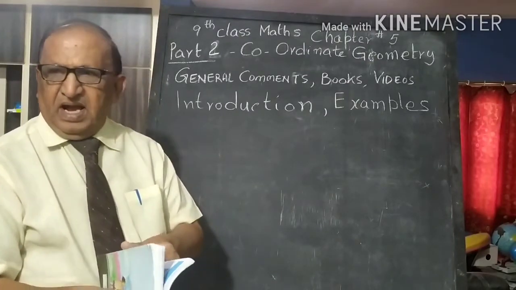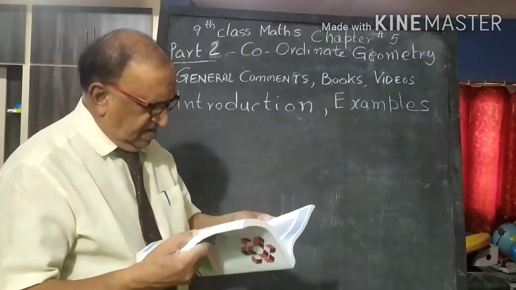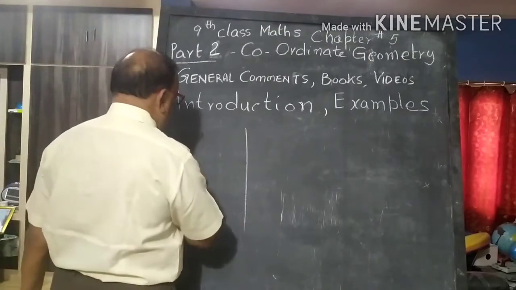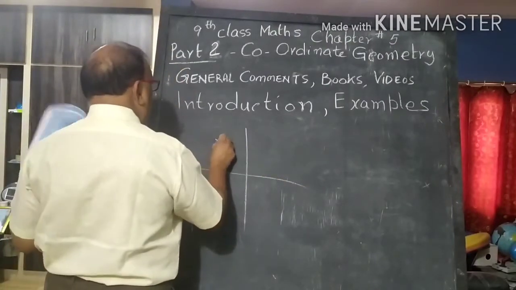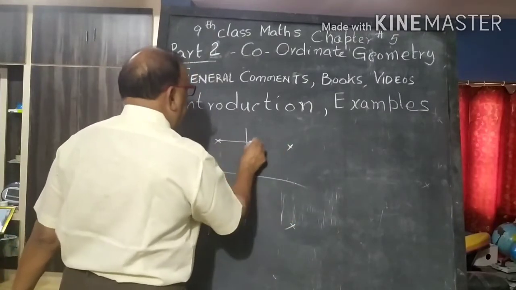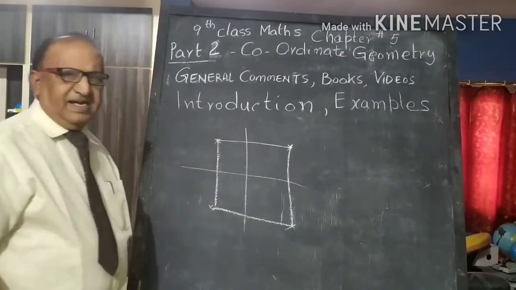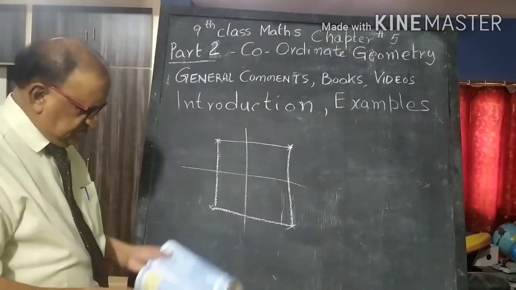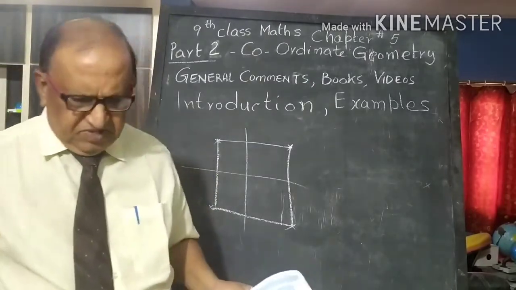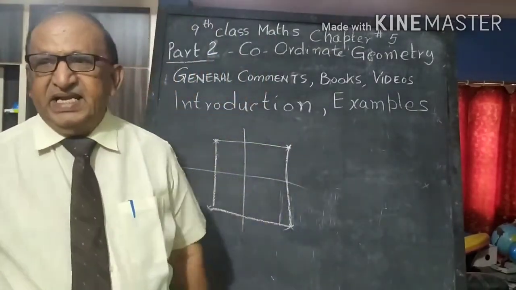All you have to do is just mark the points. Suppose you have a point here, a point here, a point here, another point here. If you join, then you may get a square or a rectangle or different shapes. So all you have to do is plot the points and then join them by straight lines in an order.